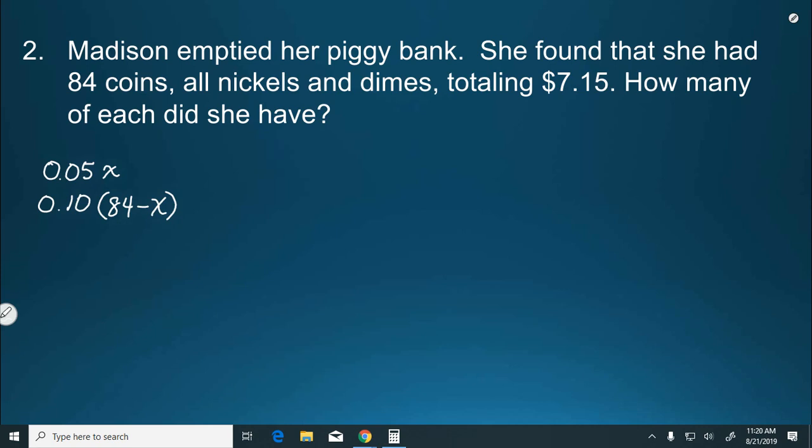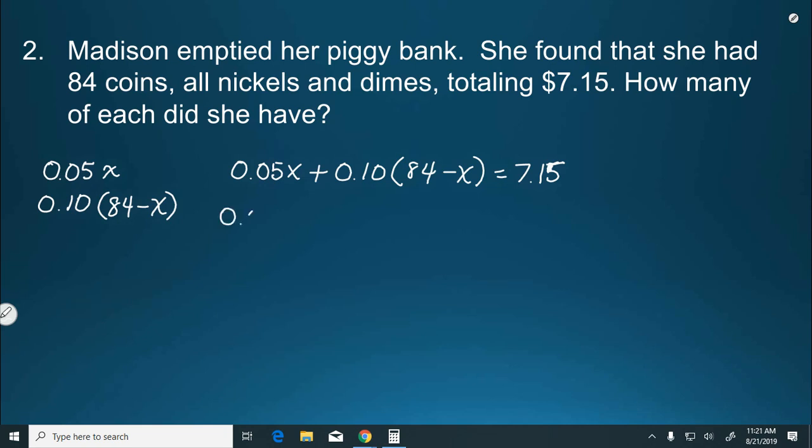It would be 20 minus 5, which would be 15 that are not quarters. Same idea here that we're using. So now we have a total of 715. So we can write our equation. It's a nickel times X plus a dime times 84 minus X equals 715.